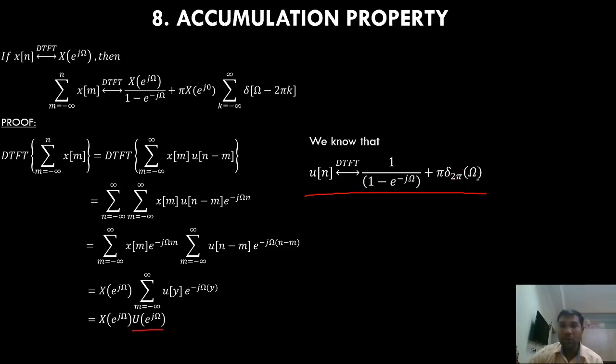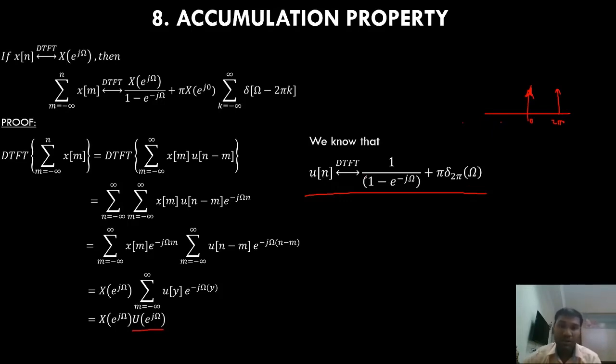Delta 2 pi of omega, the delta function, is nothing but the impulse function. It repeats every 2 pi at 0, and then again at 2 pi, and again at 4 pi, minus 2 pi, minus 4 pi, and so on. Right, this is the DTFT of u of n.